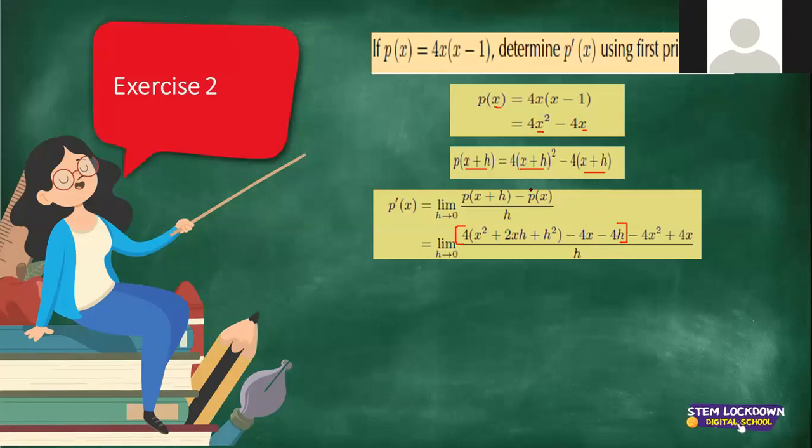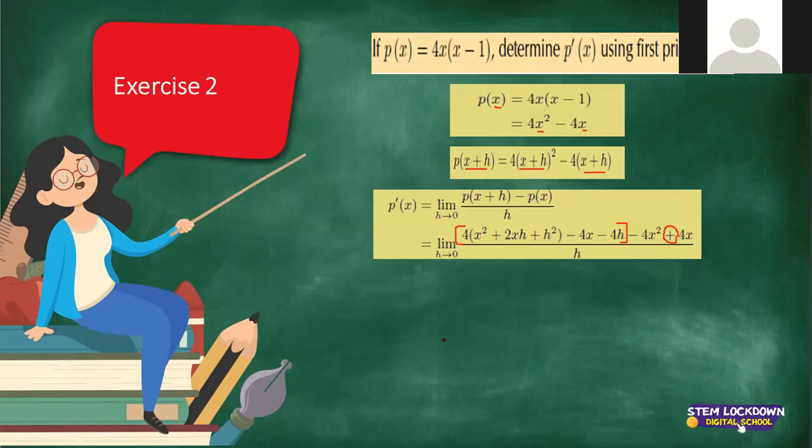And then this negative is simply saying your negative times 4x squared, you get negative 4x squared. And then your negative multiplied, so negative times negative is positive. Remember that. Okay. So hence you have negative 4x squared plus 4x.